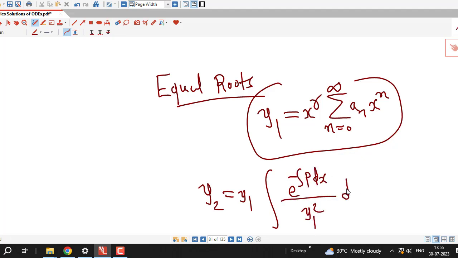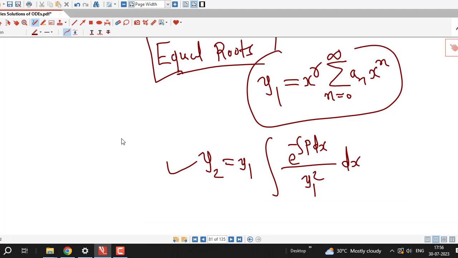And if it is not easy or comfortable to use reduction of order, then we have another criterion to find this second linearly independent solution that we will discuss later.